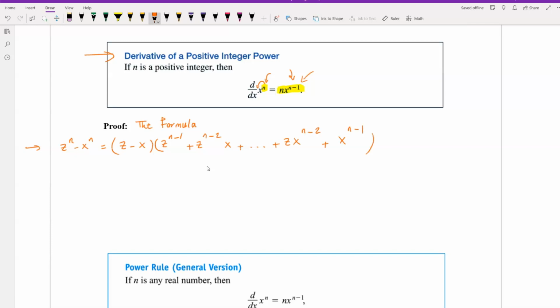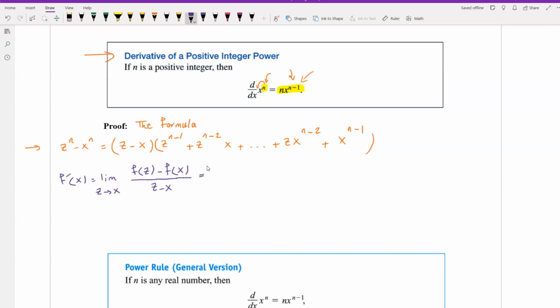Then from the alternative formula for the definition of the derivative, f prime of x is equal to the limit as z approaches x of f of z minus f of x divided by z minus x.